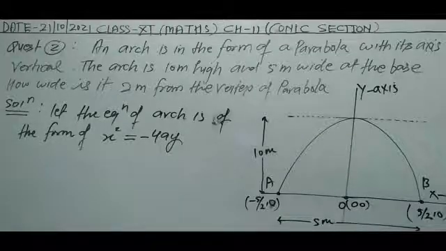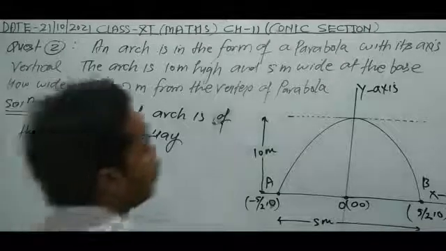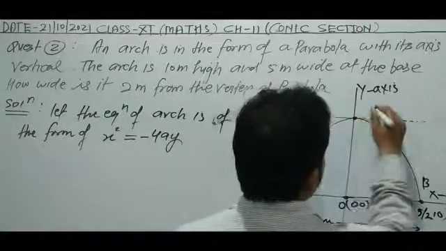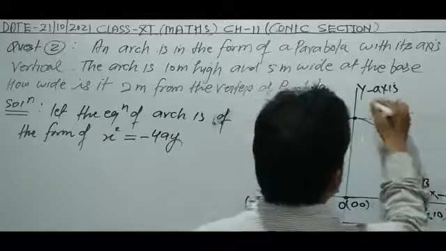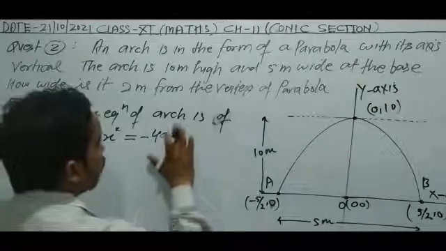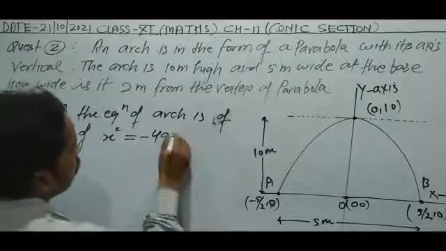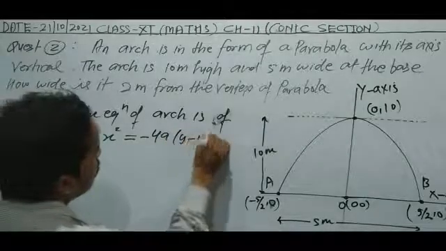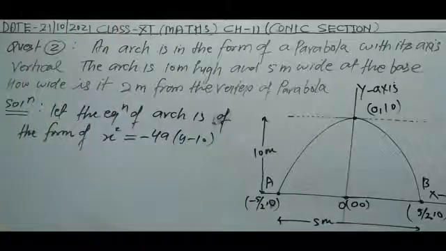Now you will see from the figure, the vertex of the parabola is 0 comma 10, so we can write y minus 10. This is the equation of the arch.